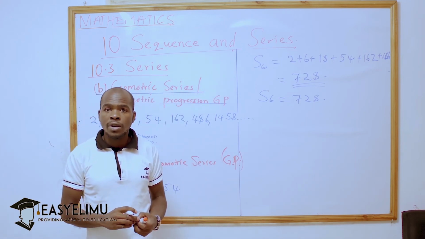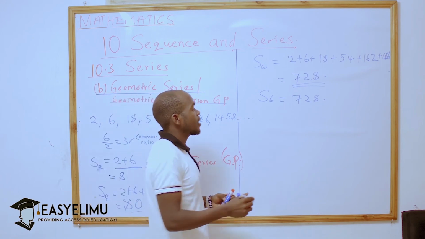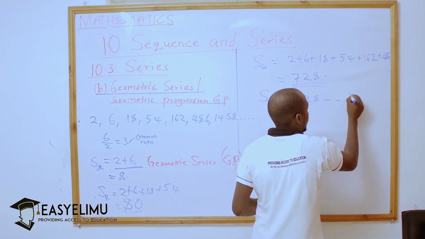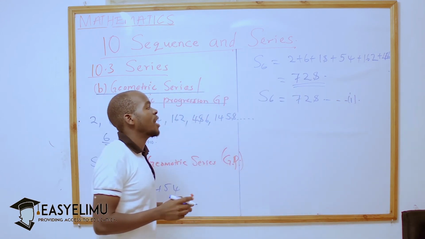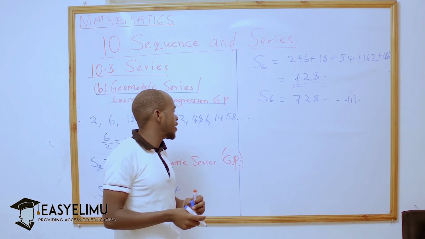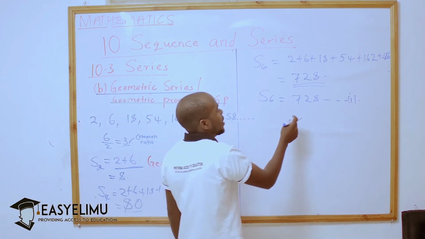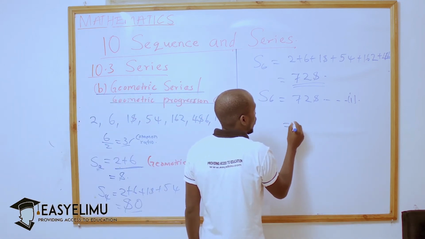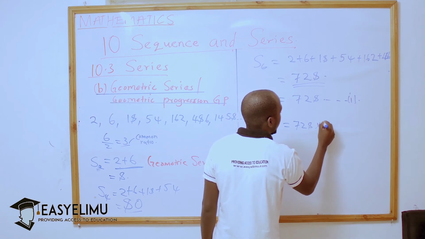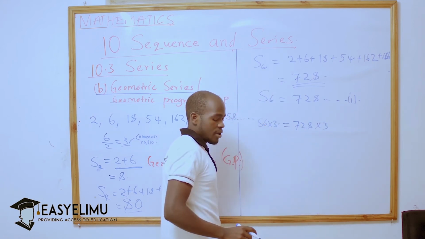Suppose we multiply both sides by the common ratio, such that this equation we may call equation 1. The common ratio here we found is 3. If we multiply by 3 on both sides, we are going to have 728 multiplied by 3, and also S6 multiplied by 3.